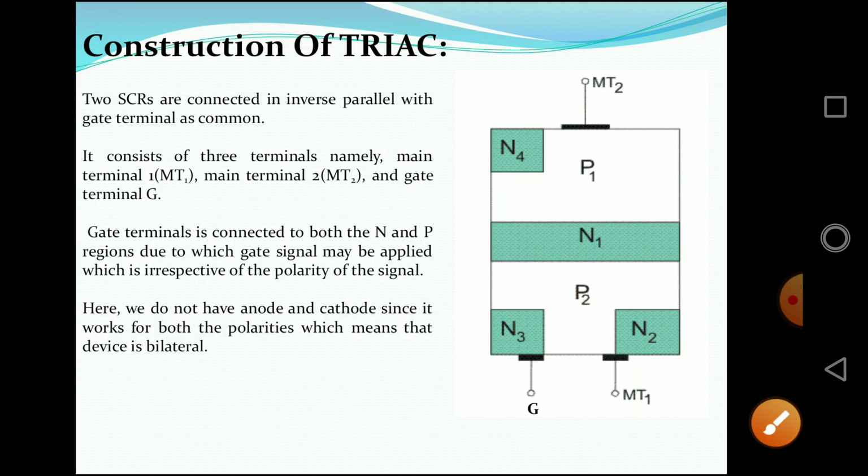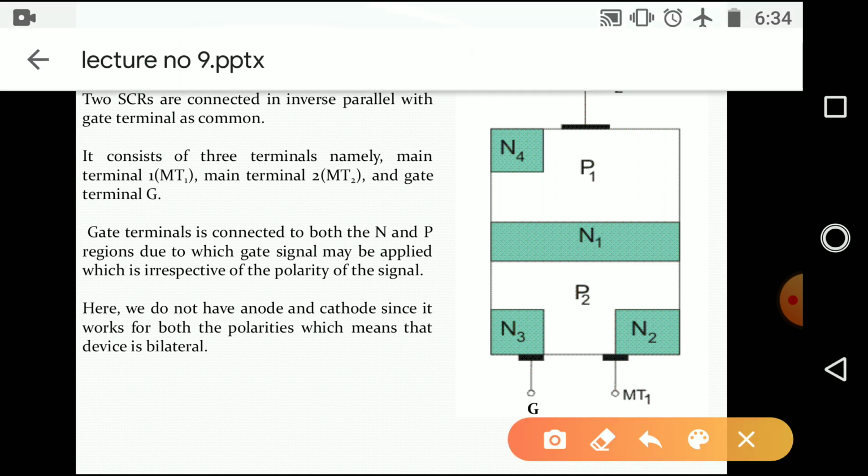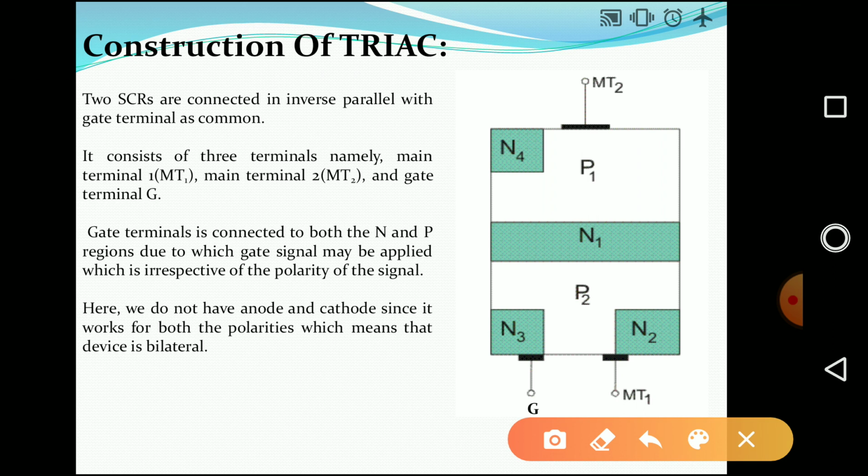Next is the construction of the triac. Here in the construction we can observe that it has 4 layers, P1, N1, P2 and N4, with N2 and N3 all combined together to form a single layer. So the triac is a 4-layer device and it has 3 terminals: main terminal MT1, main terminal MT2 and the gate terminal.